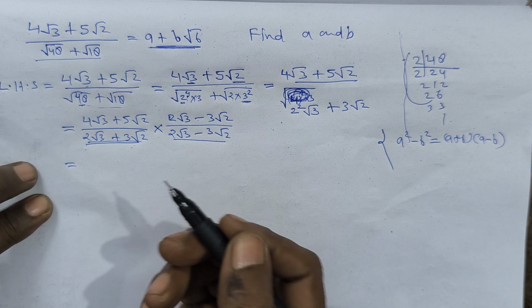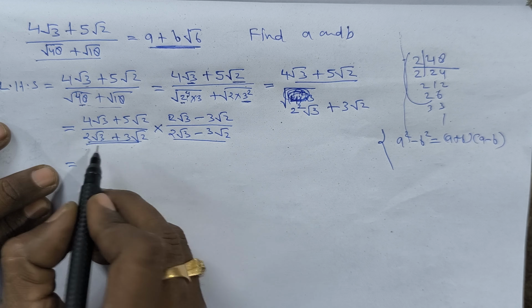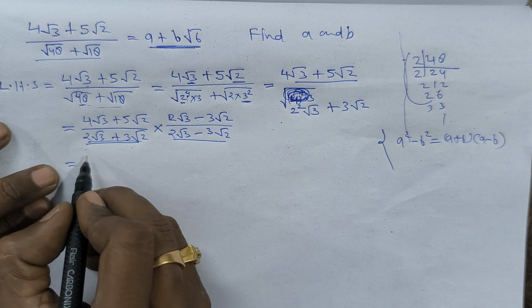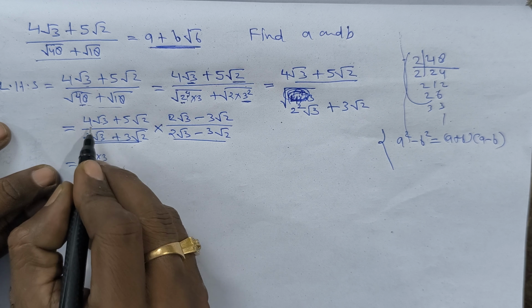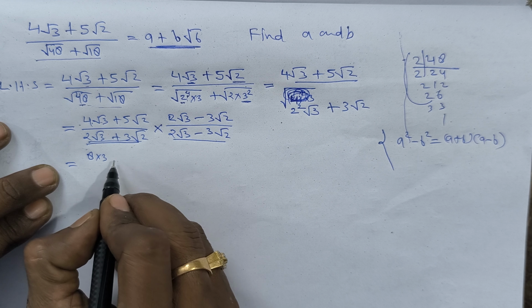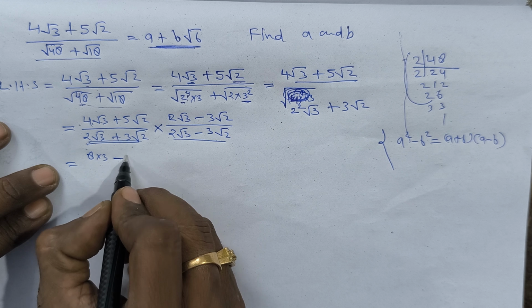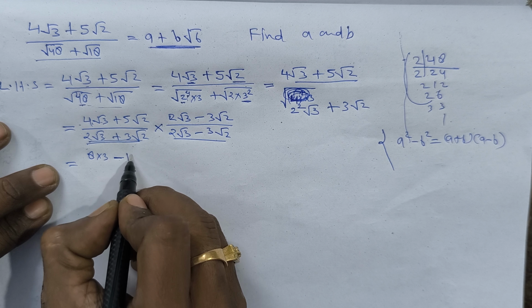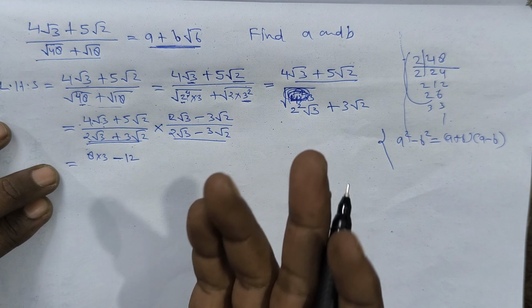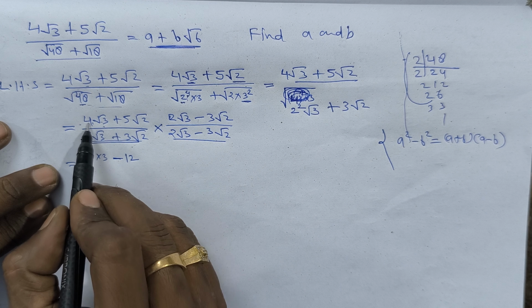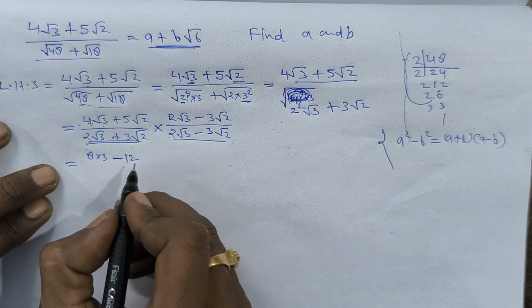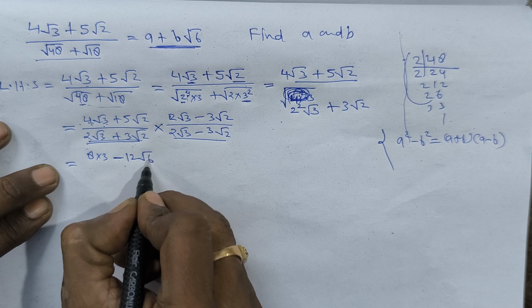So we will multiply the above numbers. 4 2s are 8, root 3 times root 3, so 8 into 3; then plus and minus gives minus, 4 3s are 12, 12 into root 6, root 3 into root 2. If you multiply roots, they can go inside, so root 6.